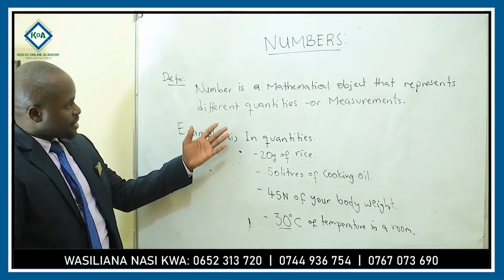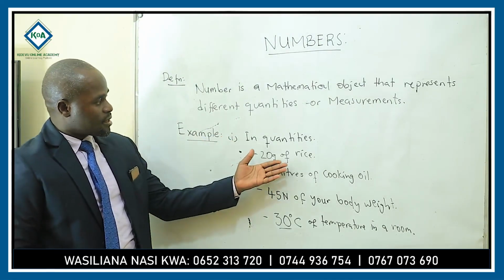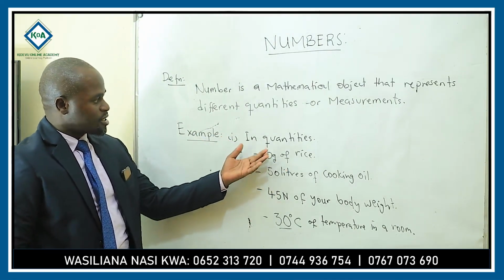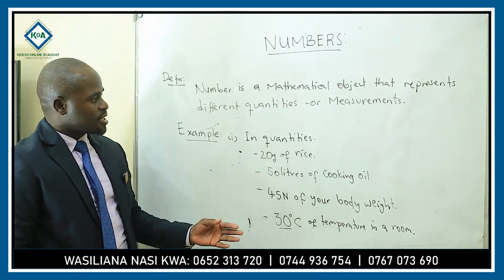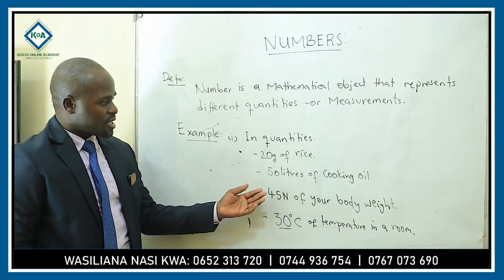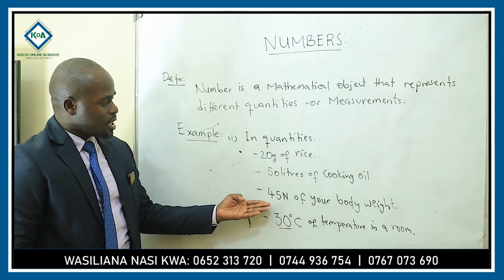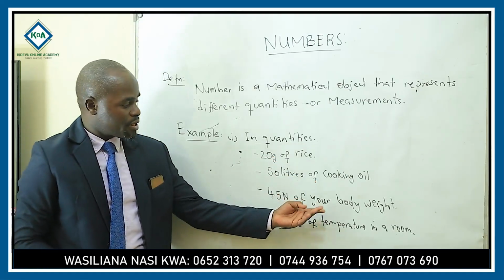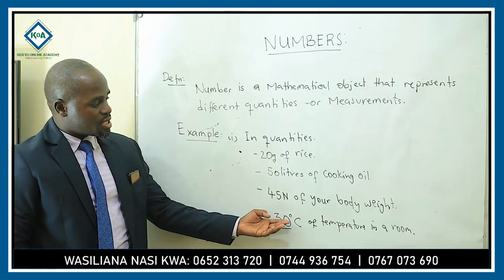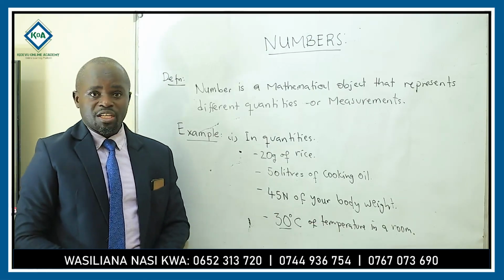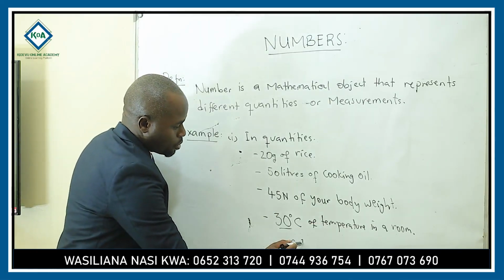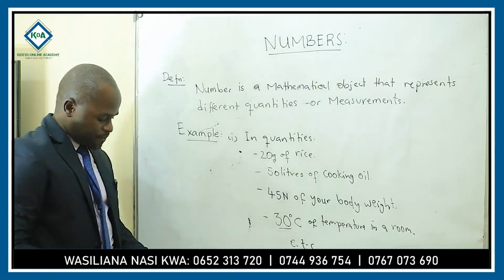So that is how we can use number in different quantities. For example, here is 20 grams of rice, 50 liters of cooking oil, 45 newtons of your body weight, 30 degrees centigrade of temperature in a room, etc. So all of these are numbers.